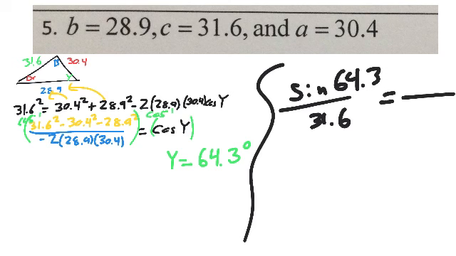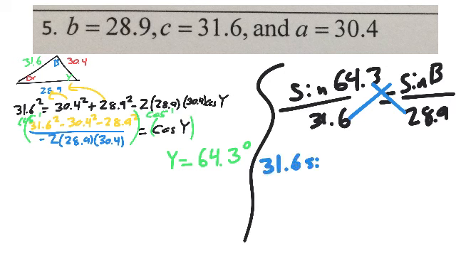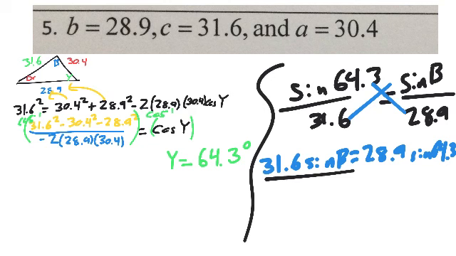And now if I'm looking for beta, that's going to be sine of beta over b, which is 28.9. Cross multiply. So you get 31.6 sine beta equals 28.9 sine 64.3. Divide by 31.6.